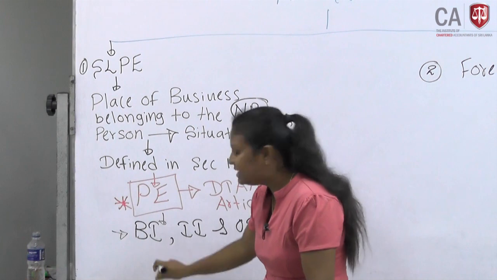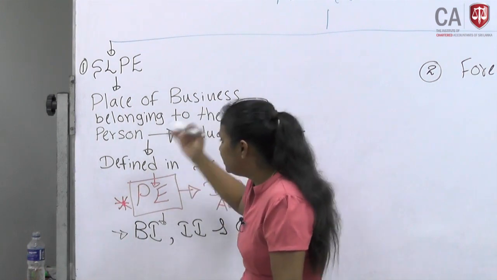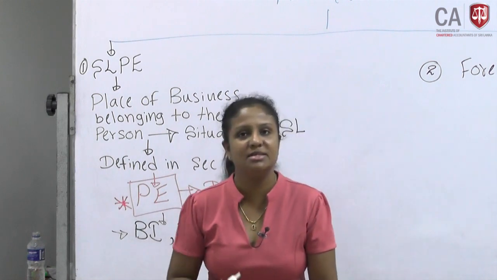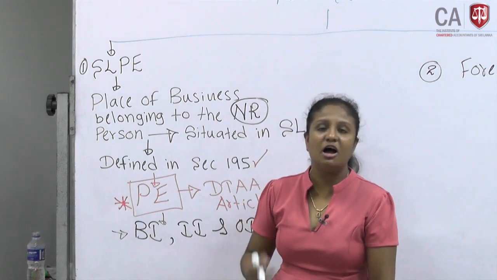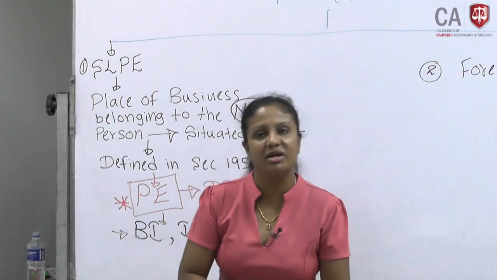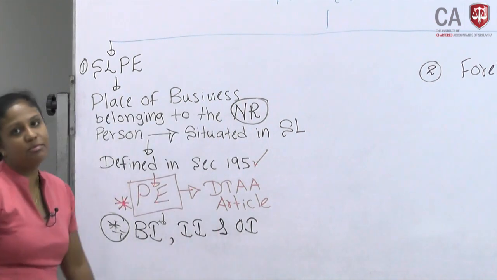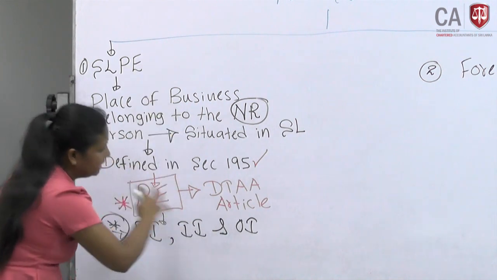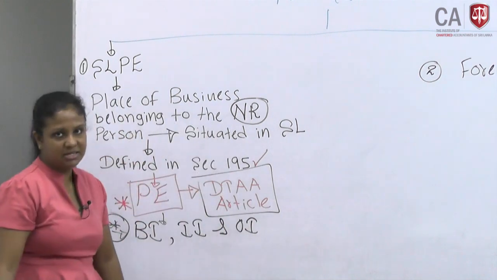Then a lot of students, when it comes to this Sri Lankan permanent establishment and the business place of the non-resident person being tested, think, how should I approach the question? The approach is here. Is that clear?